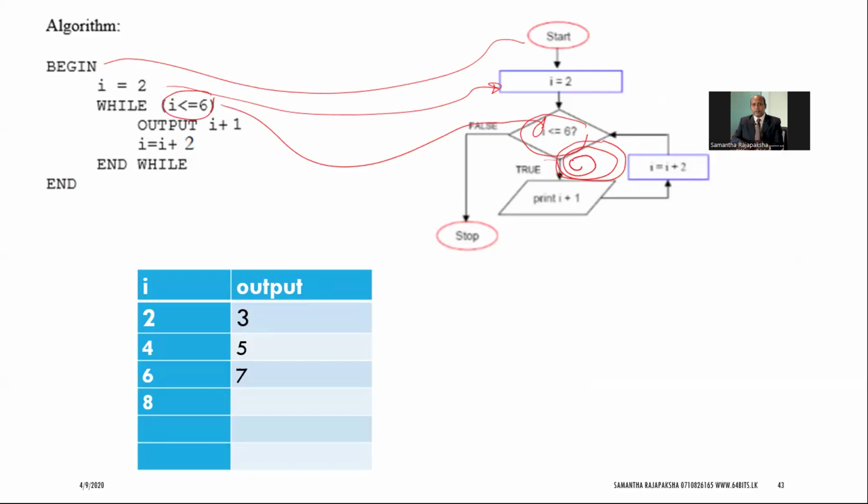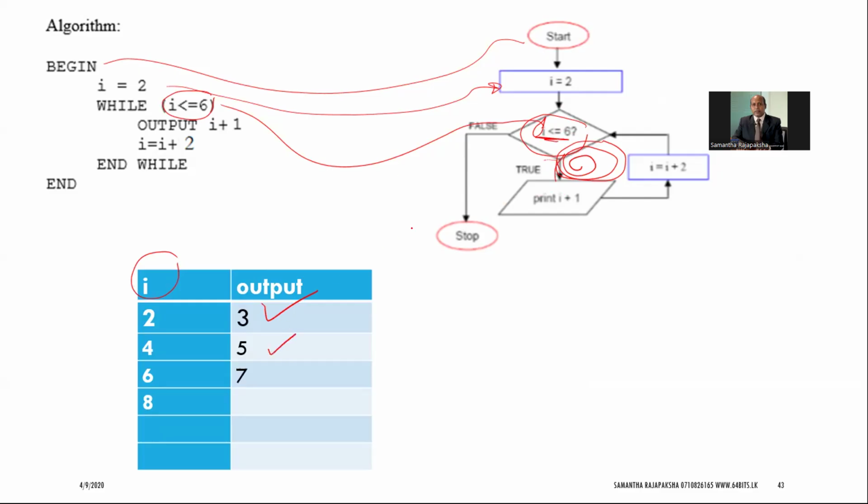Then to get the output, you can create a small table like here. I have only the variable I and the condition if you want. Initially I is 2, then this condition is true. If it is true, print I plus 1. Then 2 plus 1 is 3. And increment I by 2, I becomes 4. Check the condition, less than 6, the condition is true.